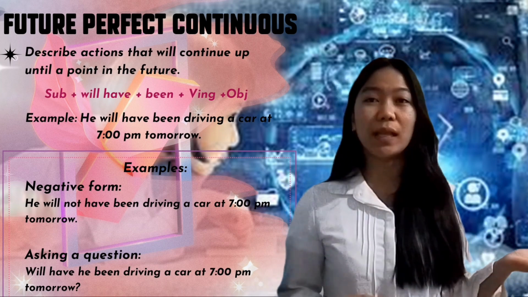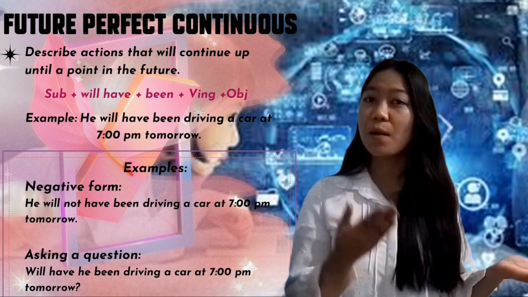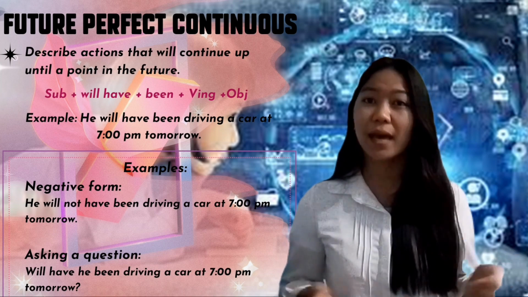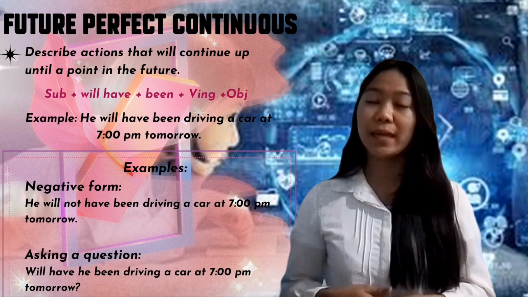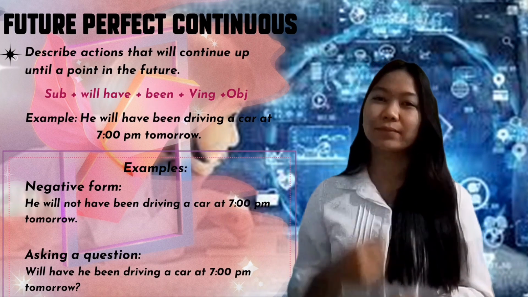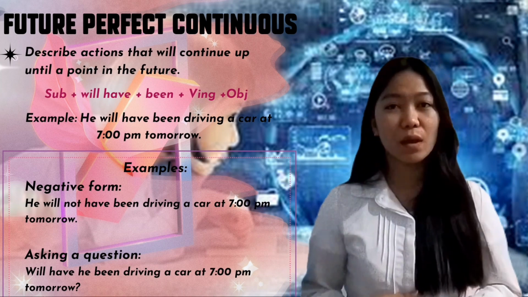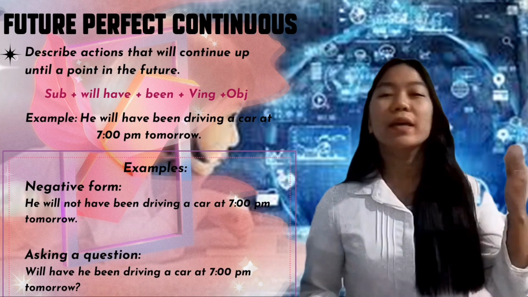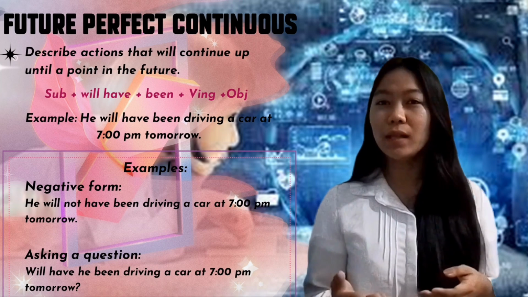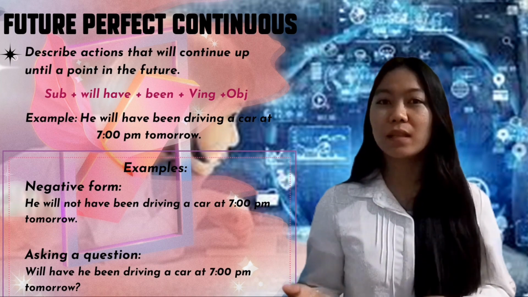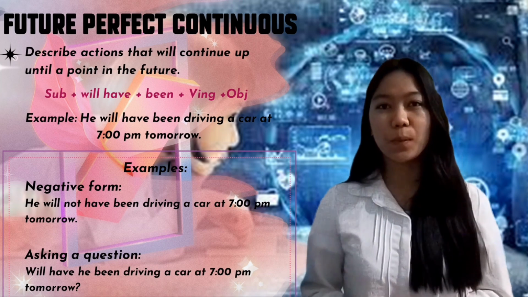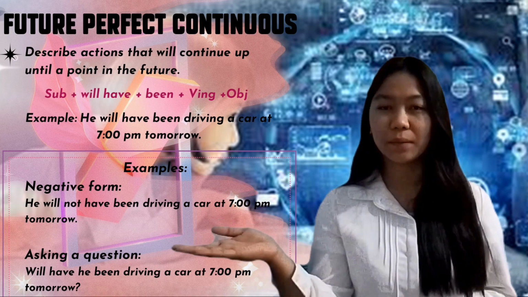The activity will have begun sometime in the past, present, or future, and is expected to continue in the future. For example: he will have been driving a car at 7 p.m. tomorrow. He is the subject, then will plus have plus been, and driving as the present participle, and the object.